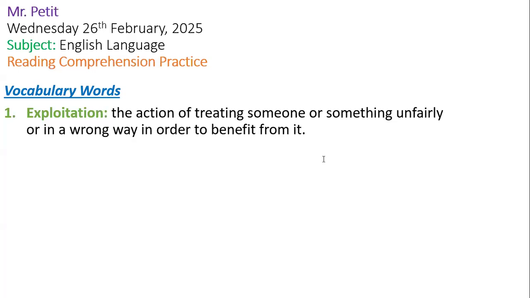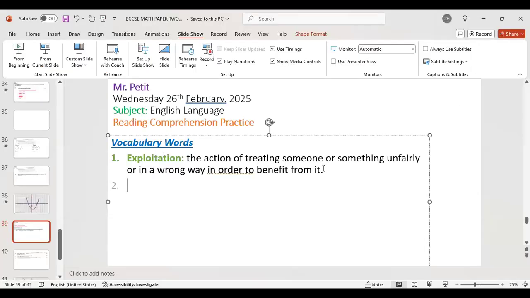All right, the next word, y'all gonna help me with this. Guess. Integrity? No. Influential?